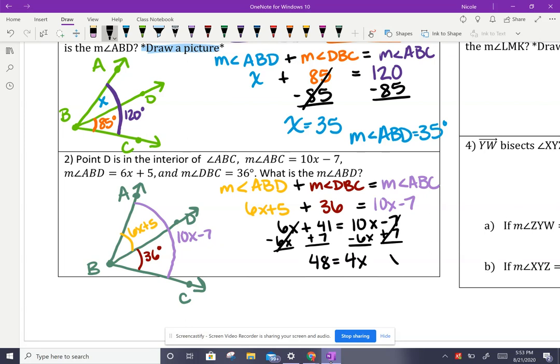When I divide, x is equal to 12. So for the measure of angle ABD, I'm going to plug 12 back into 6x plus 5. That means that angle is 77 degrees.